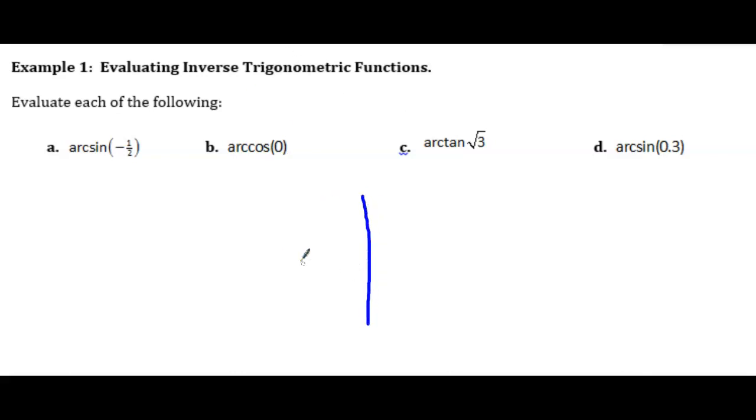So if you want to make note, arc sine and arc tan come from quadrants 1 and 4.